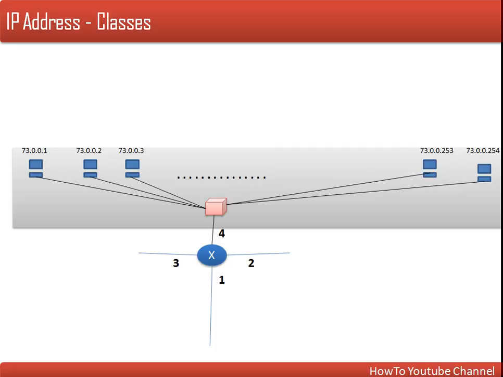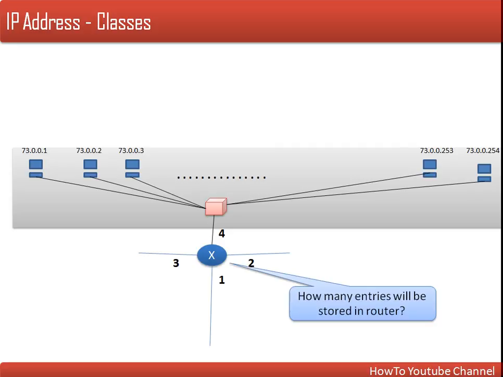Now here I will explain what a network ID is. We have a network here, as you can see. The IP addresses for these nodes are 73.0.0.1, then 2, then 3, and this is the router. Every router maintains a routing table, for a particular destination what will be the outgoing port.